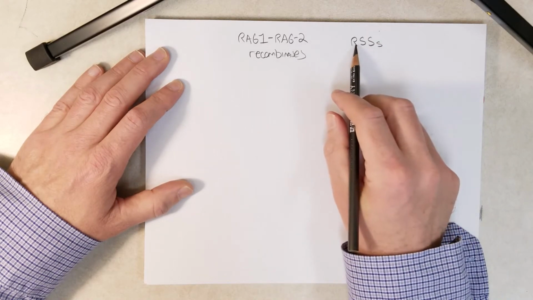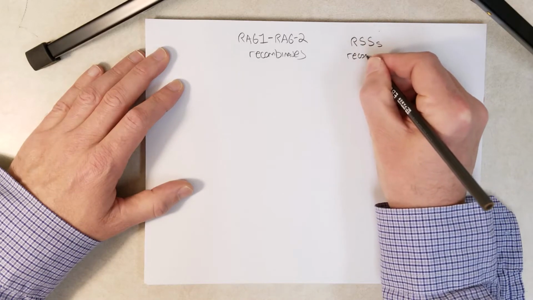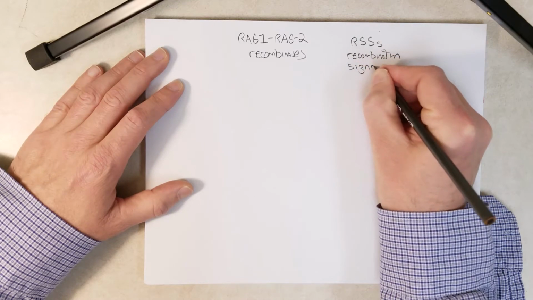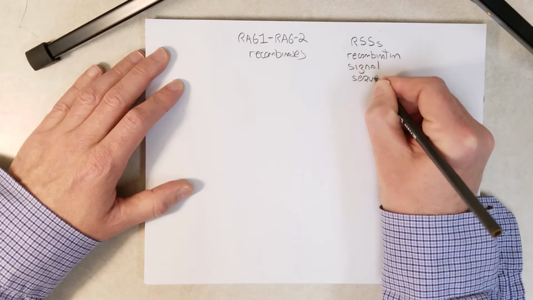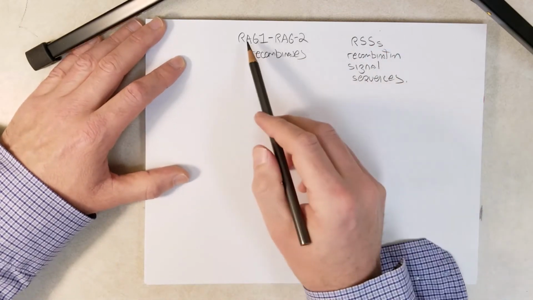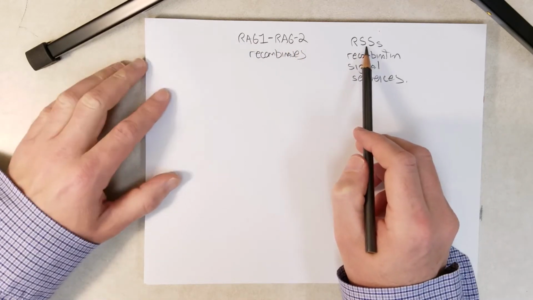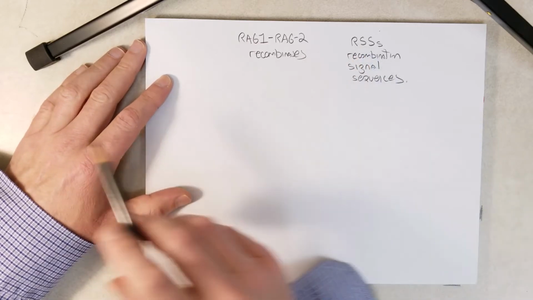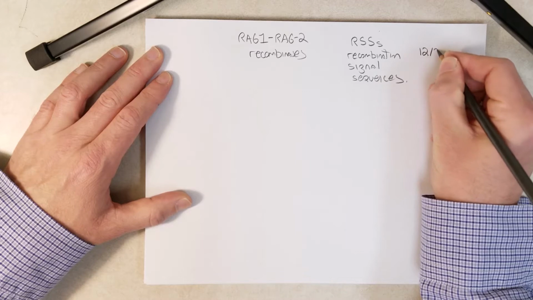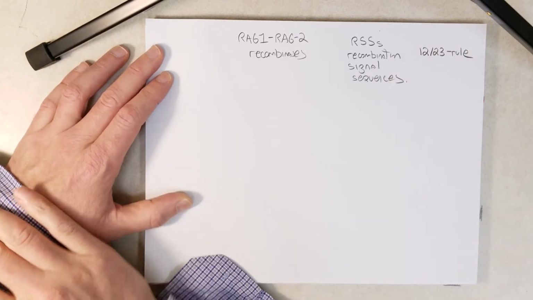This stands for recombination signal sequences. Now the RAG1 and RAG2 recognize RSSs, and they recombine the V and D and J segments according to a rule called the 12-23 rule. And this will make more sense in a moment.